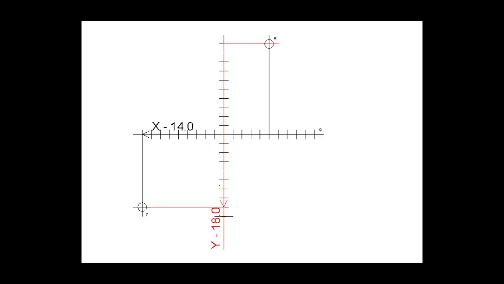In this case, we're going to be counting down, or in a Y minus direction. We're going to count all the hash marks between point 5 and point 7 along the y-axis. If you've been keeping up, you'll know that we counted down, in the Y minus direction, 18 hash marks. So the distance and direction from point 5 to point 7 along the y-axis would be Y minus 18.